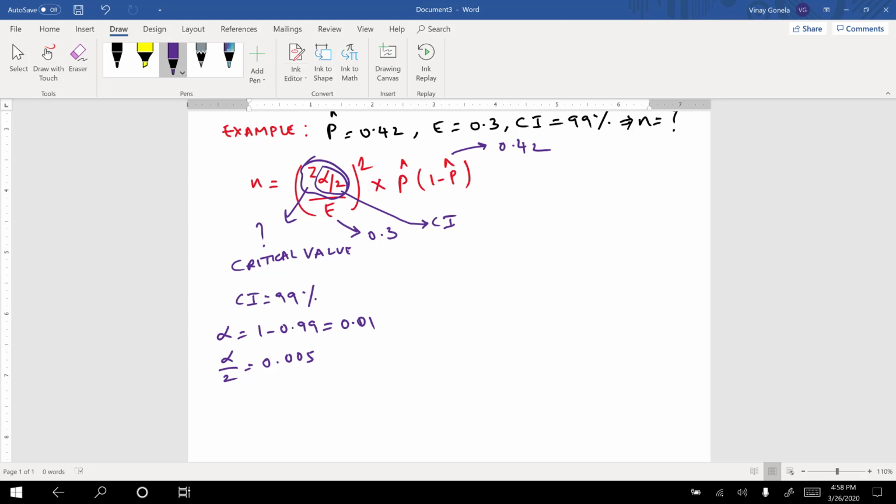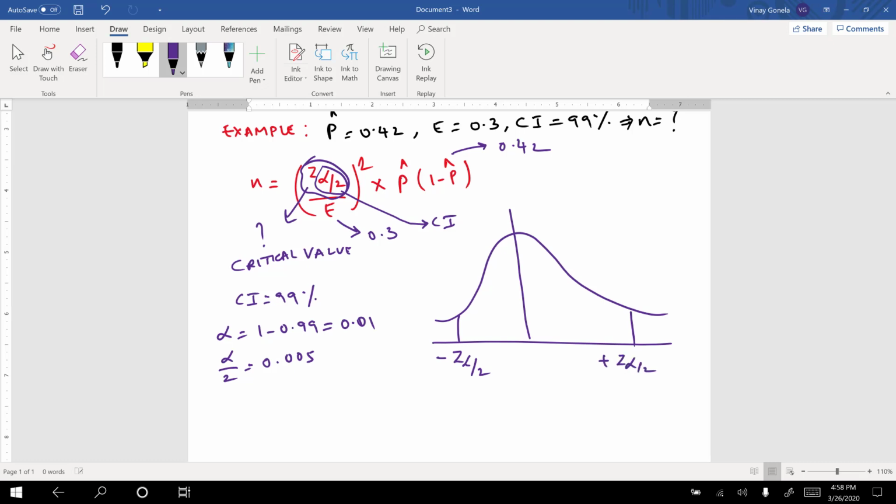So we have a normal distribution curve, and this is negative Z alpha over 2 and this is positive Z alpha over 2. So this whole area is 0.99. So this plus this together would be 0.01. So only this would be 0.005, and only this portion would also be 0.005.